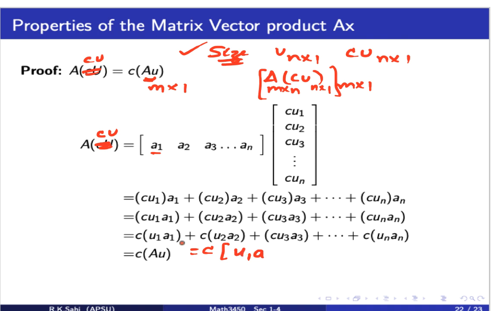A scalar can be written in the front or the back, it doesn't matter. But A1 is a vector. Plus U2 A2 plus ... plus Un An. And this is nothing but the matrix product AU. So here our proof is done.